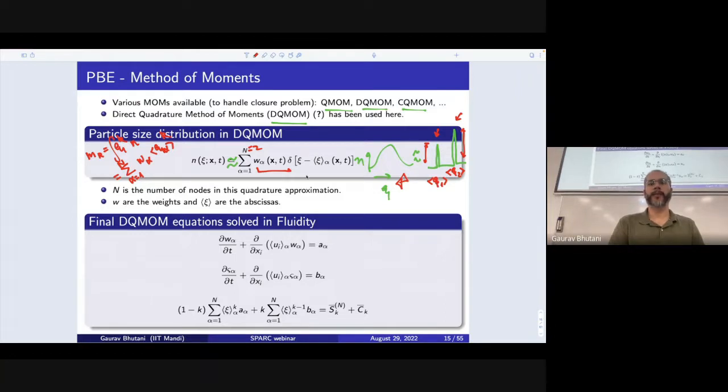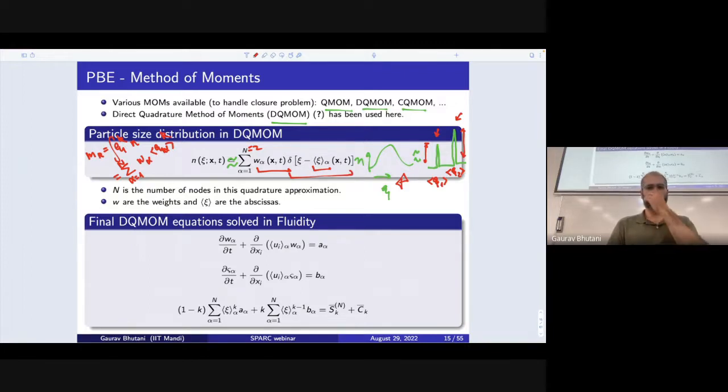That's the property of the Dirac delta function. When you integrate a Dirac delta function, it takes the value of wherever the Dirac delta function is non-zero. So basically what we are doing is we are approximating integrals as quadratures.